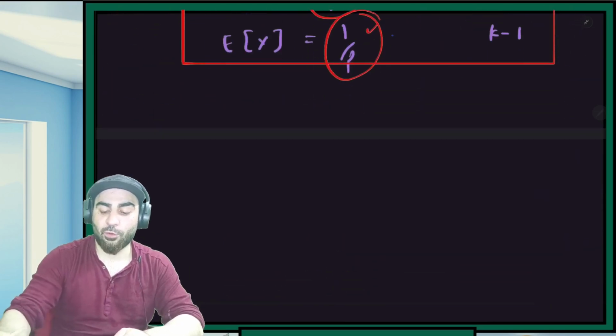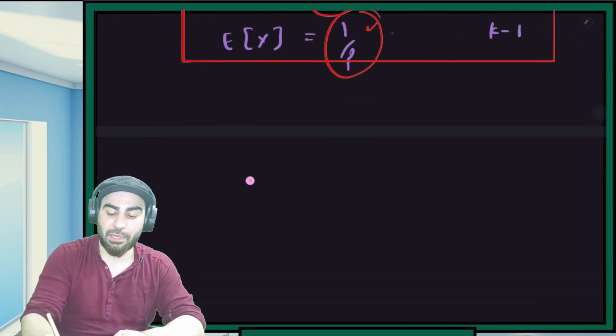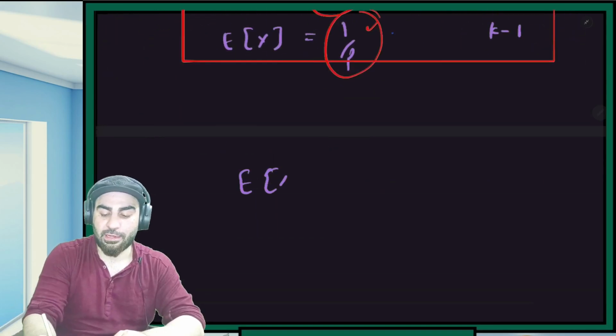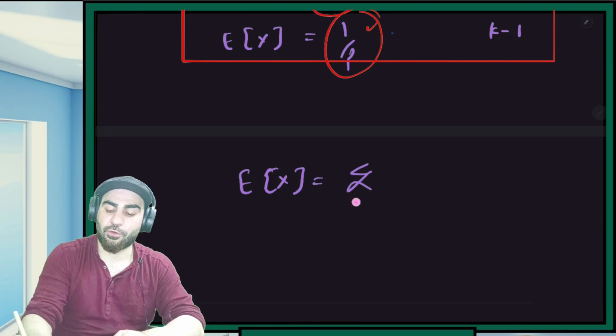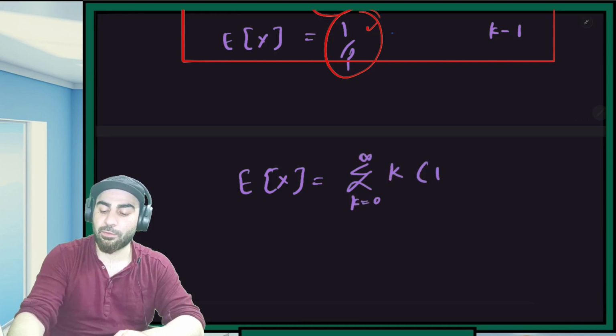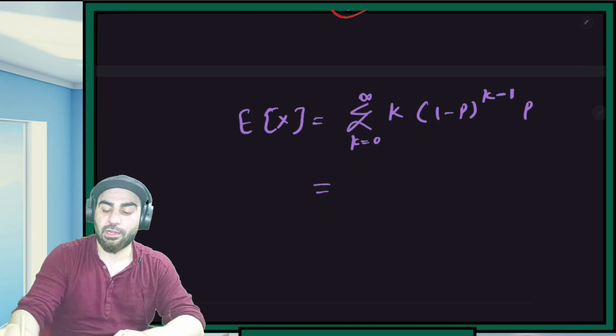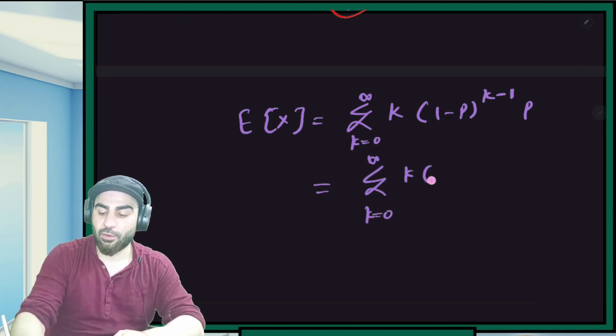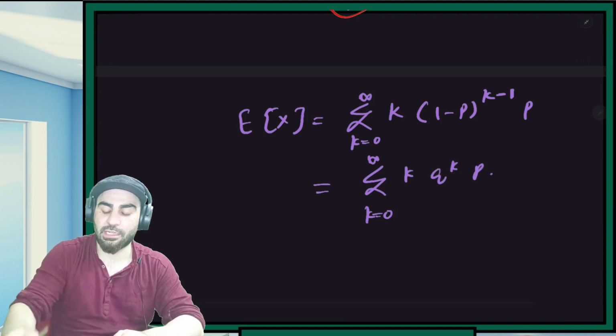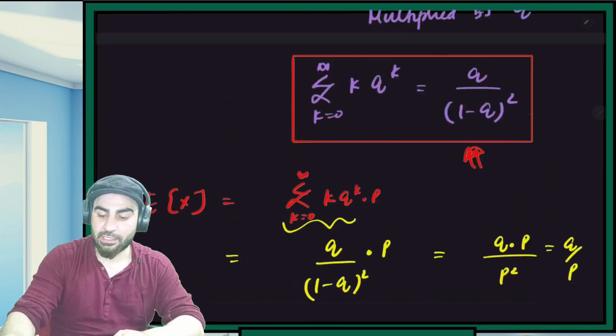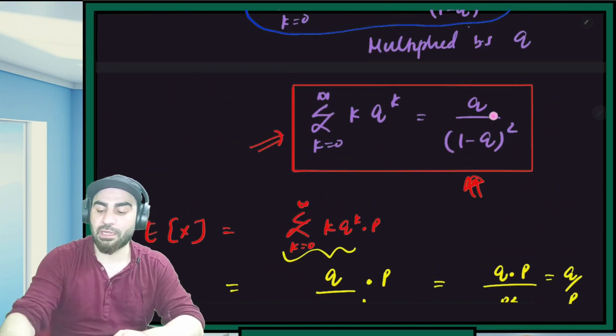And one more way of proving it, because we have the PMF given: expectation of x is equal to the summation of k goes from 0 to infinity of k times (1 minus p) to the power k minus 1 times p. You take this q out, so here we can say the summation of k equal to 0 to infinity of k q to the power k, and then we can directly use the result that we got from the calculus, this result over here, without multiplying this q on both sides.